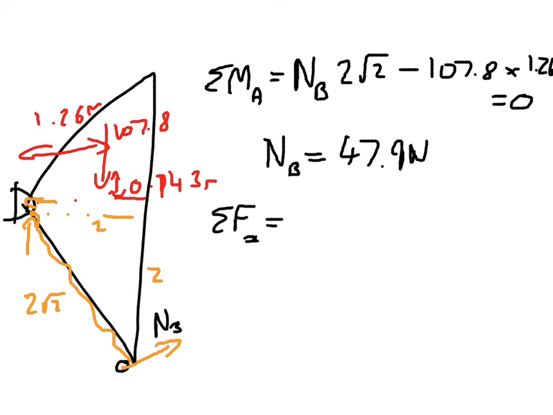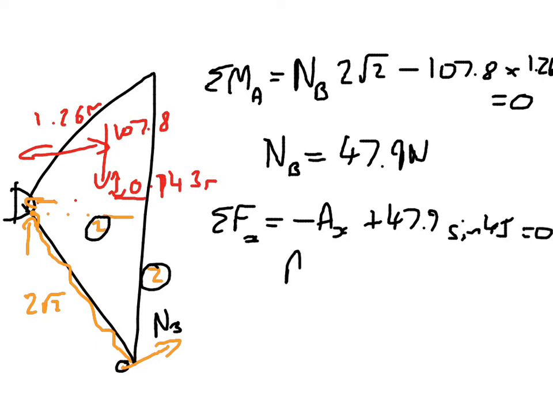So we're going to have minus AX plus 47.9 sine 45, and we know it's 45 degrees because we've got 2 metres there and there in the x and the y direction, and that equals 0. So AX is equal to 33.9 kilonewtons.